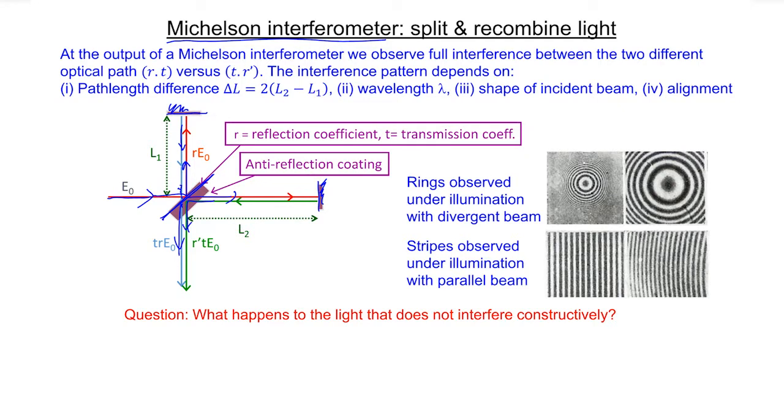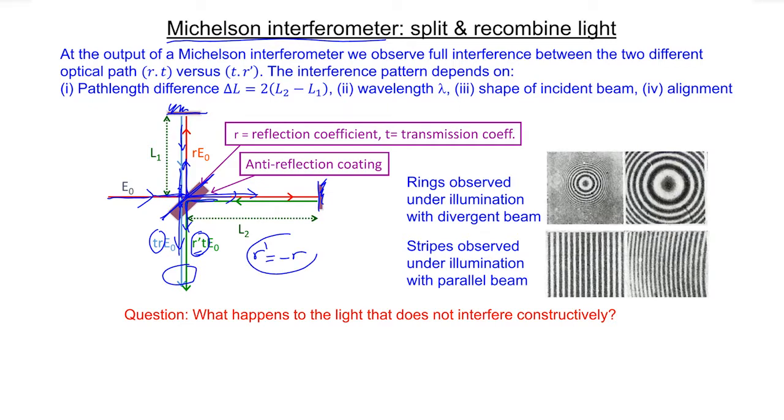And so at the output of the Michelson interferometer, you have two contributions. One contribution from the light that originally reflected and then transmitted with an amplitude reflection times transmission. And the other contribution is from the light that is first transmitted and then in the second run reflected. The amplitude of that contribution has this R prime, where R prime is the reflectivity of the beam splitter from the back end.